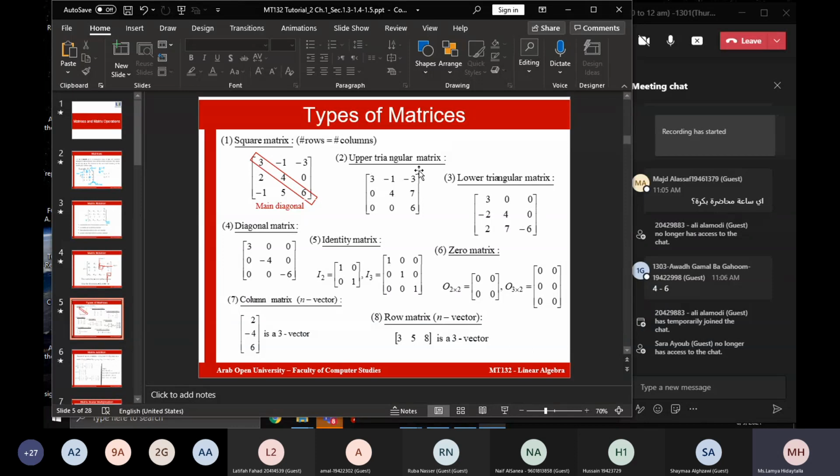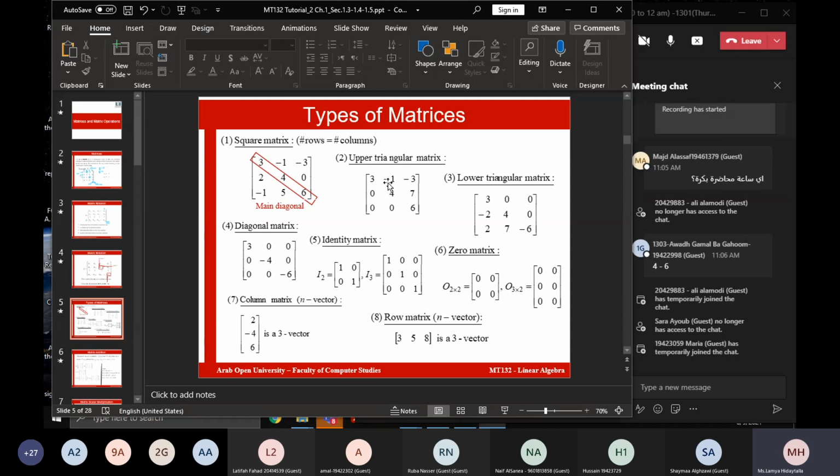Upper triangular has numbers above the diagonal, lower triangular has them at the bottom. Can some of these elements be zeros? Yes, no problem, but the important thing is that the ones below are zeros, and here the same.